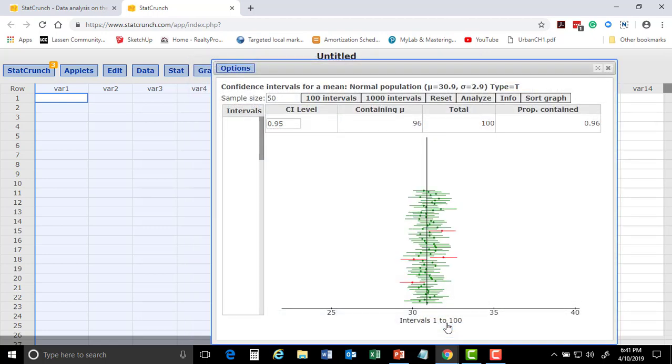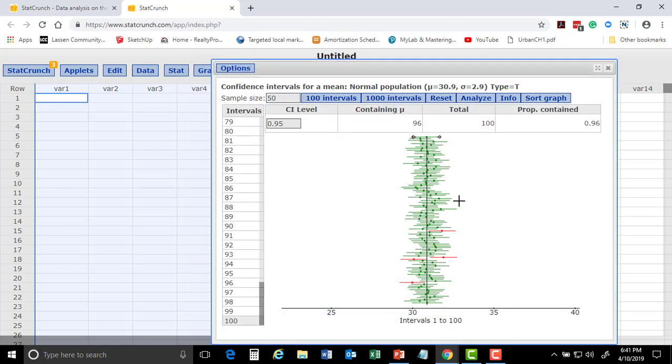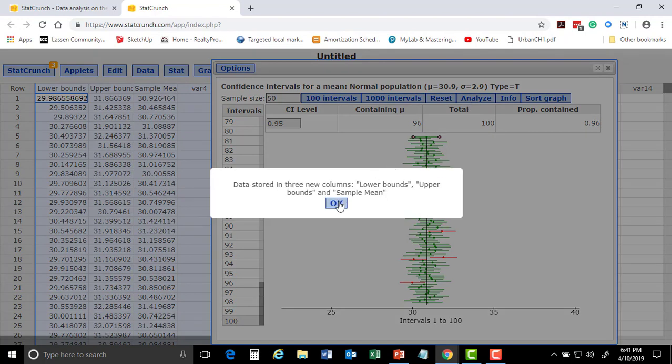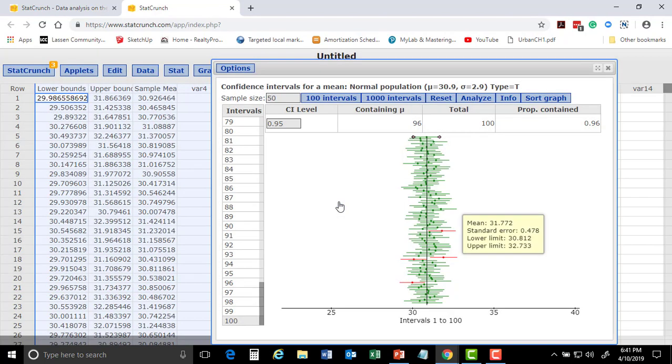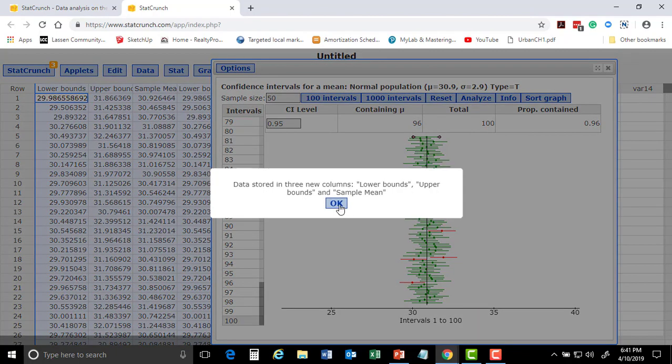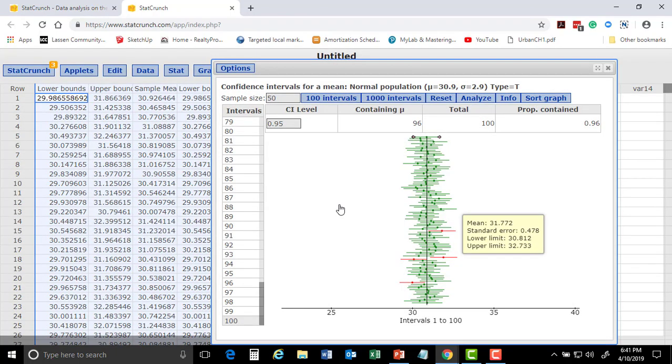Now do you see the upper and lower limits? Is that standard error and mean 31? Why did that change? I don't know. Does it matter where I'm at?